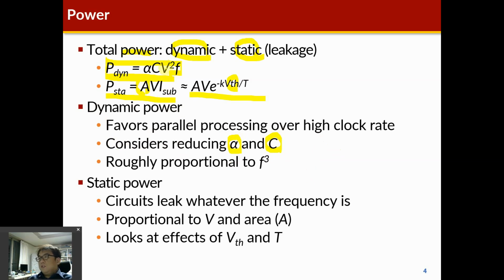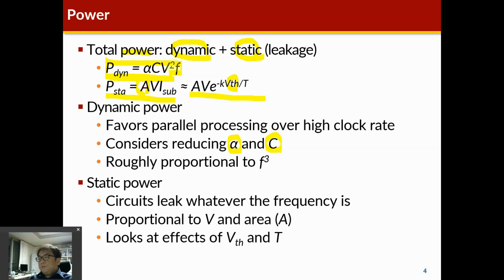So in the dynamic power, the most important factors are supply voltage and frequency. As you can see, the dynamic power is proportional to V squared, the square of the supply voltage. So in order to reduce the dynamic power consumption, we need to reduce the supply voltage of the circuit.